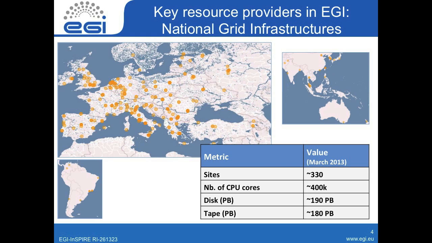We have around 330 resource centers, so sites providing resources distributed mainly in Europe, but also in Asia, South America and Canada. Currently, the infrastructure provides around 400,000 cores and 190 petabytes of storage capacity.